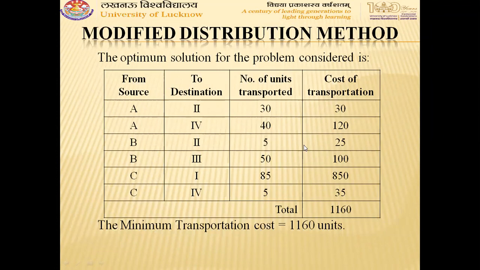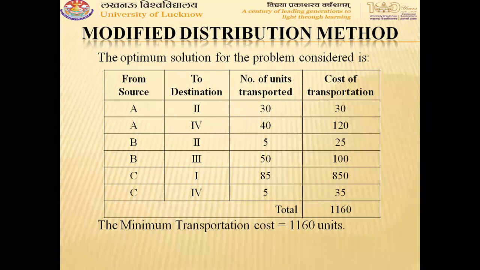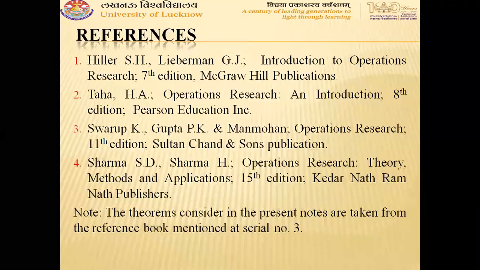From B to 2, 5 units are transported. And the total cost of transportation is obtained as 1160, which can be called the optimum or minimum transportation cost, as we have obtained the optimum solution to the given problem. It is the end of today's lecture.